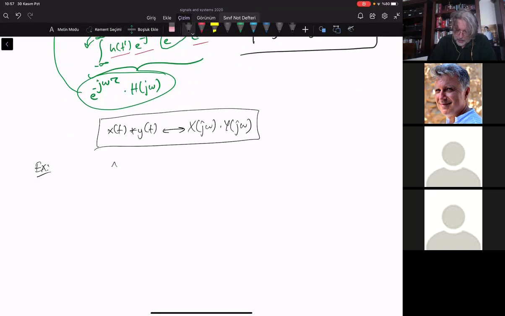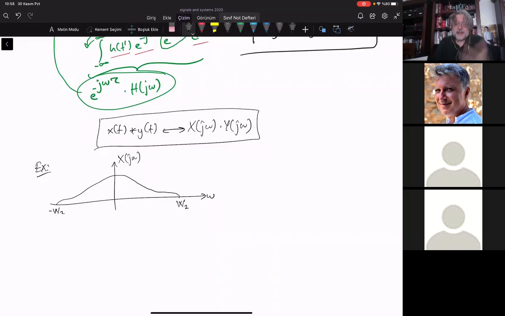Suppose that x of j omega is a signal like this, where this part is a high frequency, let's say W2, from minus W2 to plus W2 on the frequency axis. This is your signal.